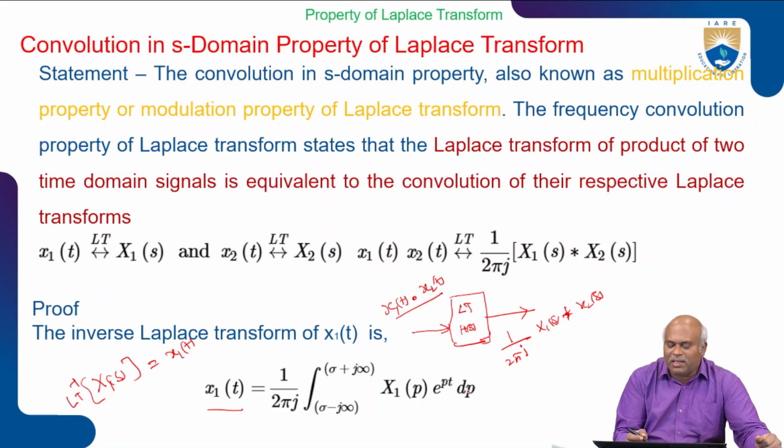We have two different signals, so for the first signal I use the variable p. This is similar to the inverse for X of s.